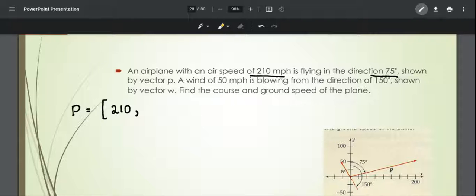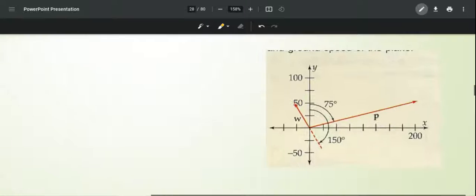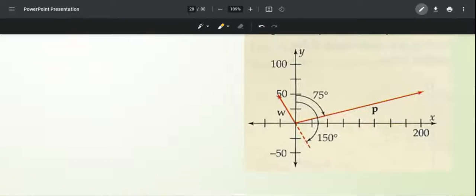So now before we write 75, because it says it's flying in the direction of 75, take a look at this picture. So in the direction of 75 will be the idea that that's from the north axis, 75 degrees in a positive direction. So that's what the in the direction of 75 means.